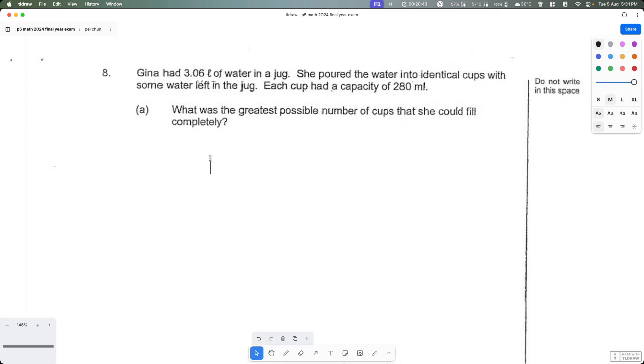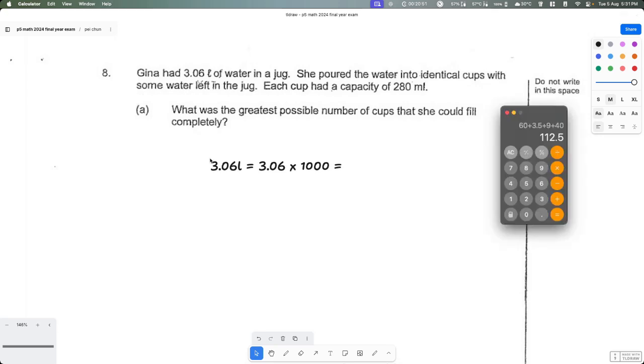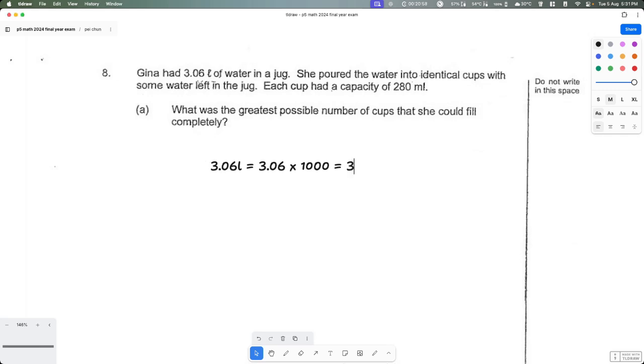So we can convert 3.6 liters. 3.6 liters is equal to 3.6 times 1000, so 3.6 multiplied by 1000. Okay, this is 3600 milliliters.